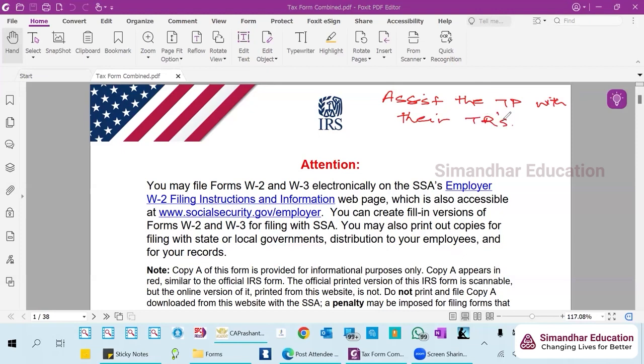Now, it's very important that we need to know what forms the tax return. So here we are focused on individual tax return.